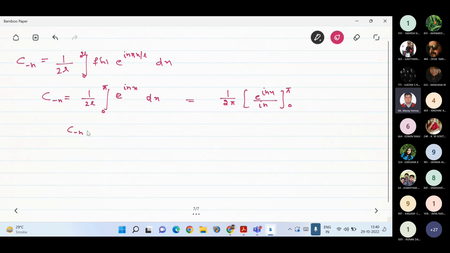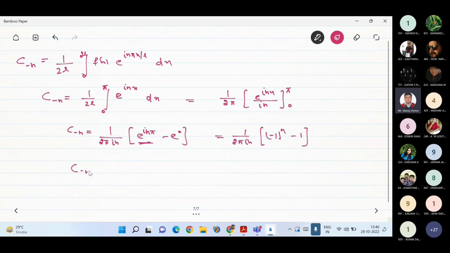So this c minus n is nothing but 1 over 2 pi iota n, times e raised to the power iota n pi minus e raised to the power 0. This term again will become minus 1 raised to the power n. So 1 over 2 pi iota n, times minus 1 raised to the power n minus 1.